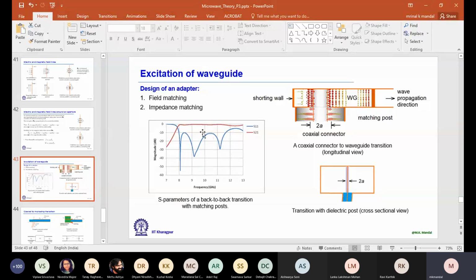So here he tried to design one impedance matching network by using those metal vias so that it can cover at least X band, 8 to 12 gigahertz, with minus 10 dB of reflection. Okay, so this is just one example.